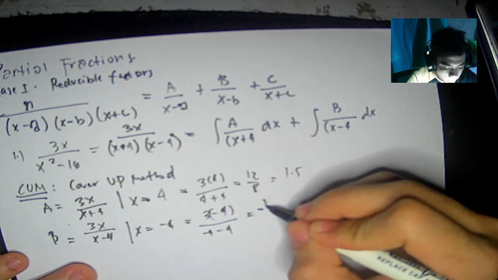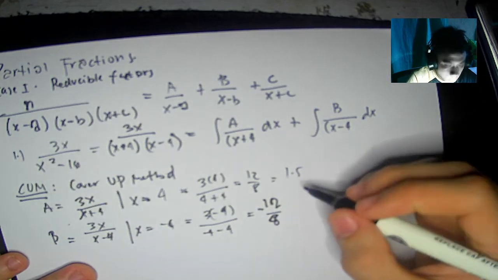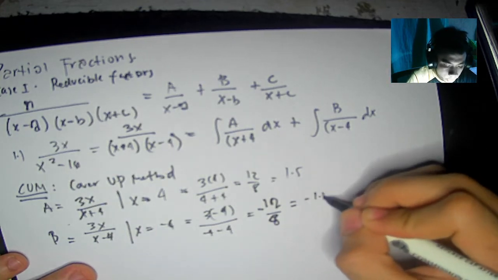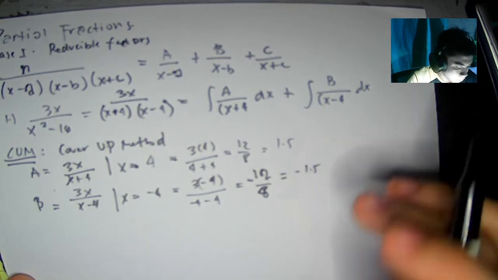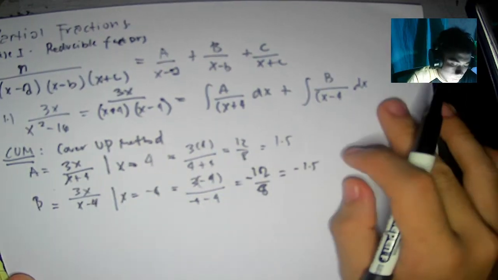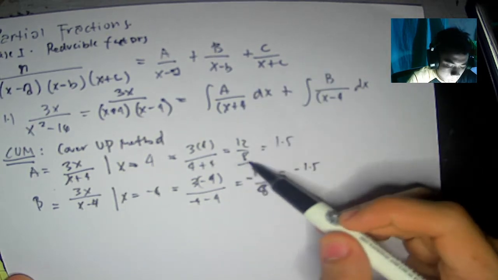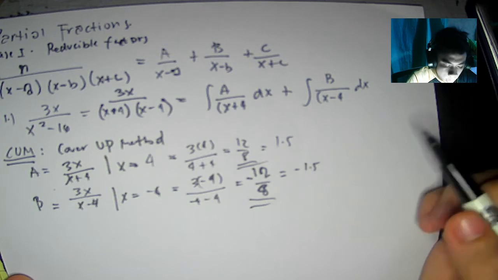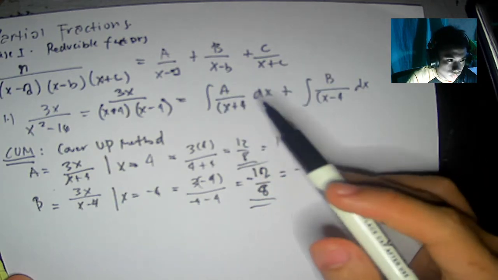We'll have negative 12 over negative 8, so it equals 1.5. So we have our two values here. Let's use these values because it's much easier. Let's just substitute A and B.